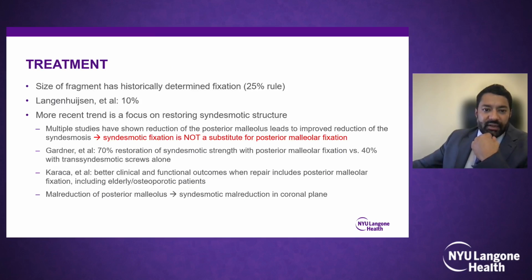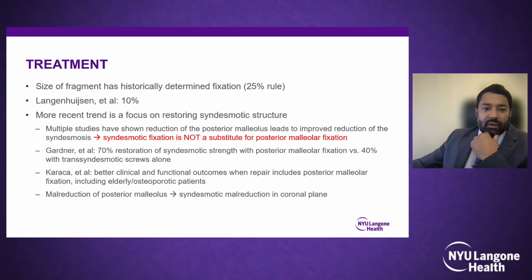So in terms of treating these, again, the size of the fragment has sort of been the traditional deciding factor. The numbers that have been thrown around in the past are 20%, 25% of the total tibial plafond. More recently, there have been some studies that have talked about 10% or even 5%.